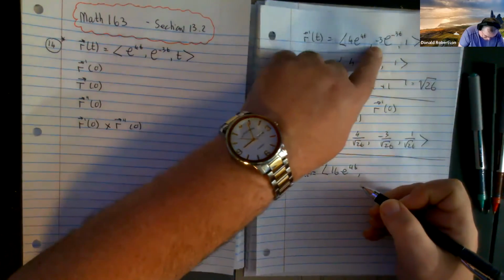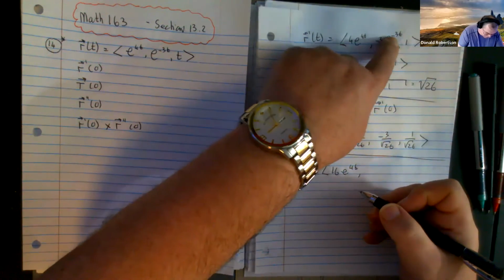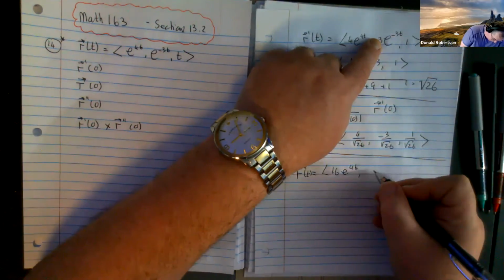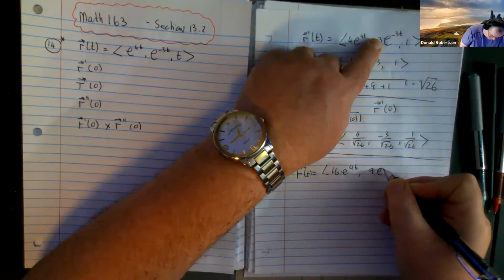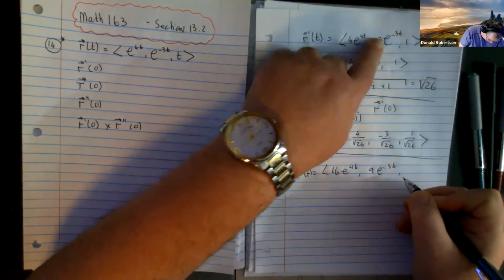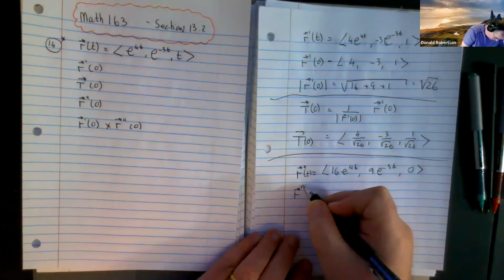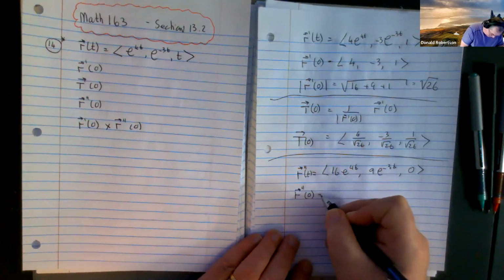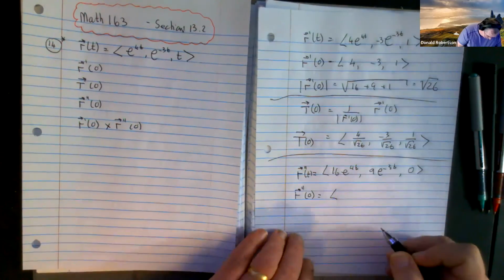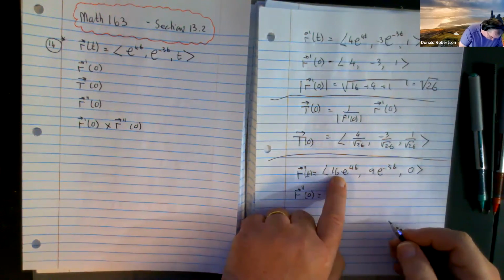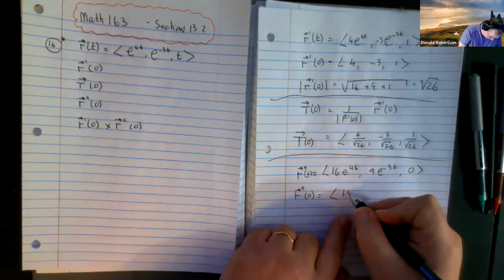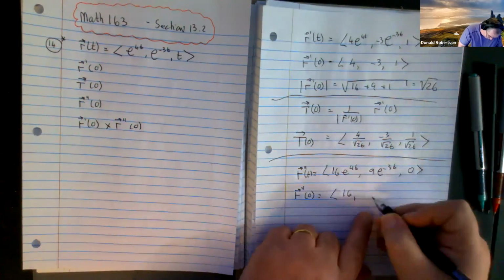You get negative 3e to the negative 3t times another negative 3, so that gets you plus 9. And you differentiate this guy, you get 0. And now I can calculate the second derivative at 0. In this case, 16e to the nothing gets you 16, 9e to the nothing gets you 9, and 0 gets you 0.